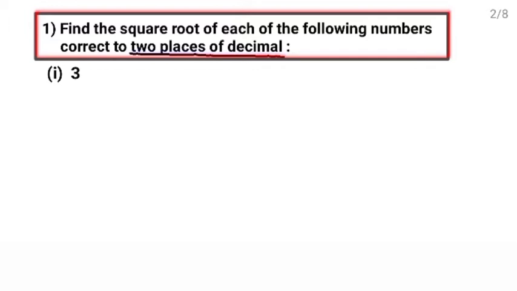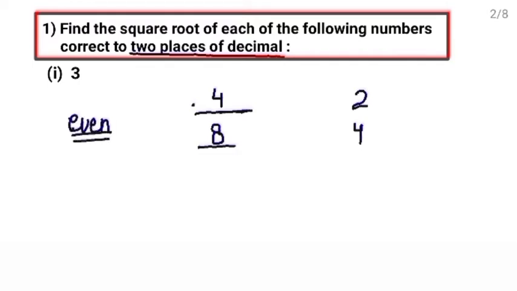First is, if we have an even number of digits in any number, like we have 4 digits in any number, in the square root there will be 2 digits, right? If in any number we have 8 digits, then in the square root of that number we will have 4 digits. It means for even numbers, when we find the square root, the number of digits becomes half.